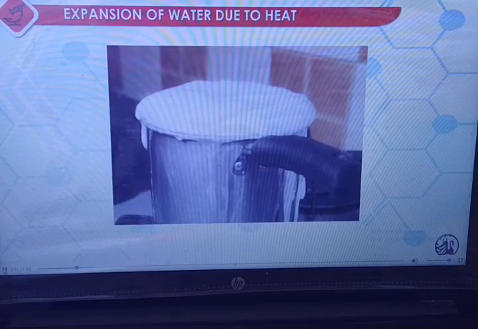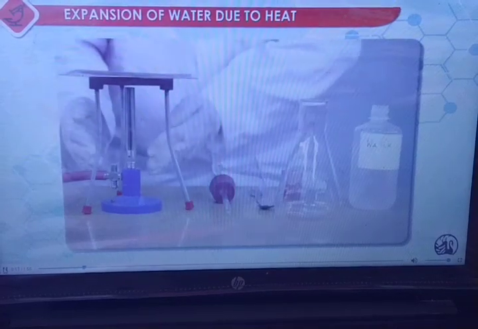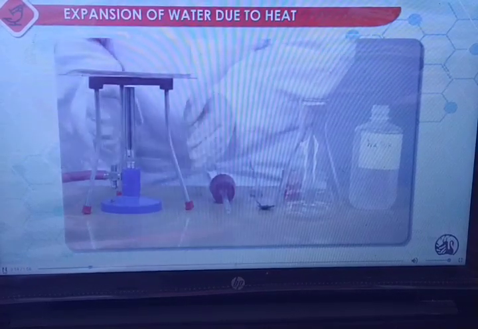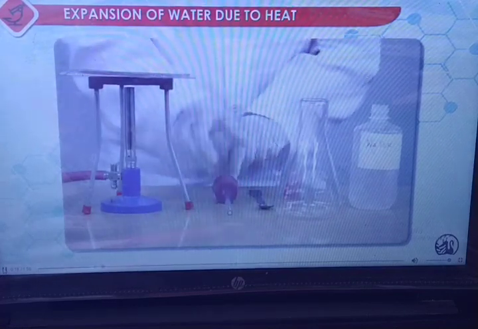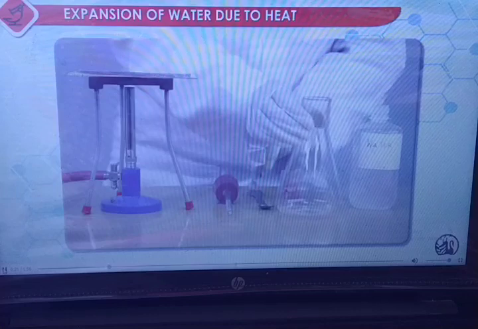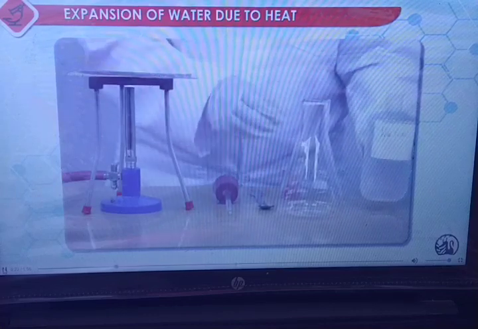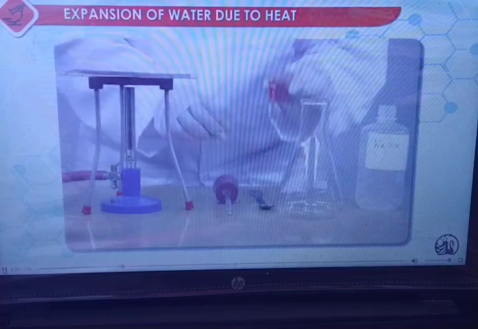You can see here how liquid expands on heating. So here you can see the pipette, the tripod stand, flask and water. So what are we going to do in this activity?